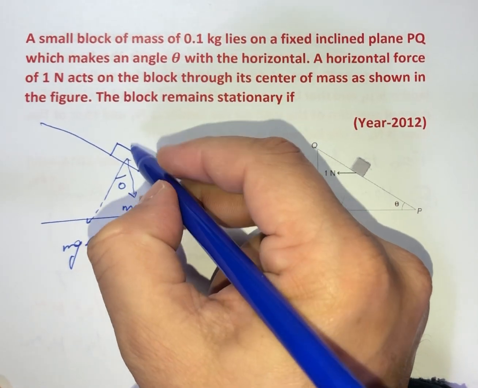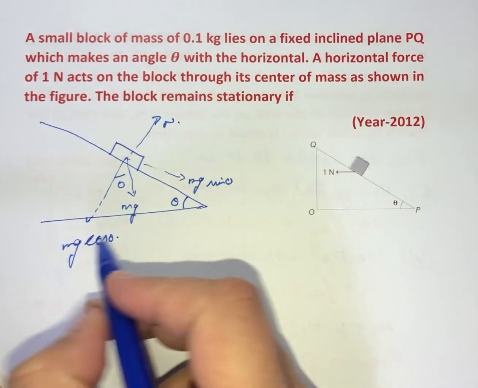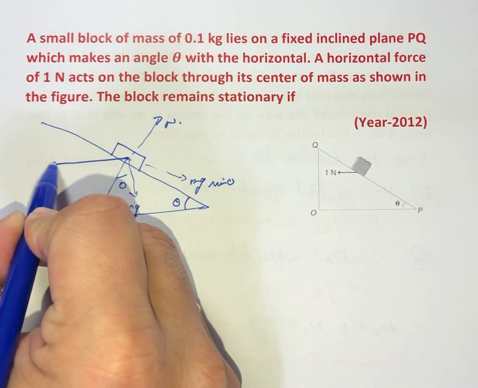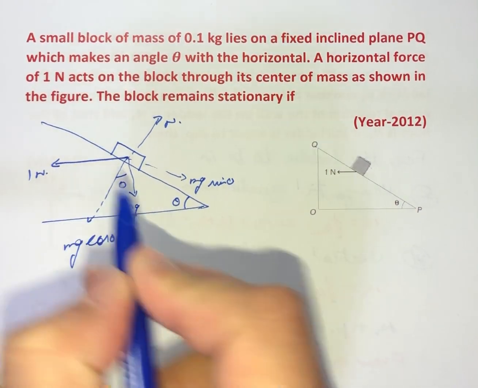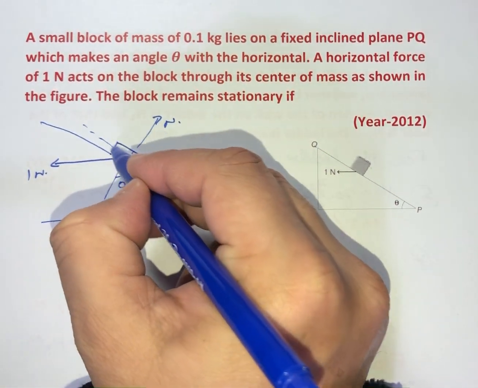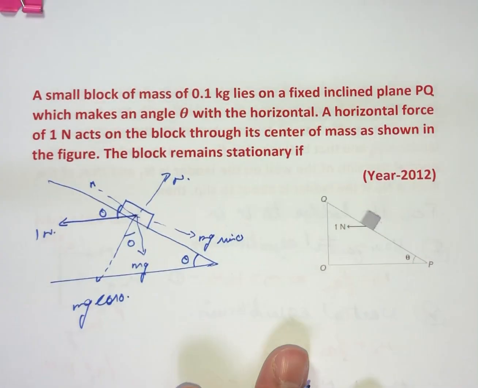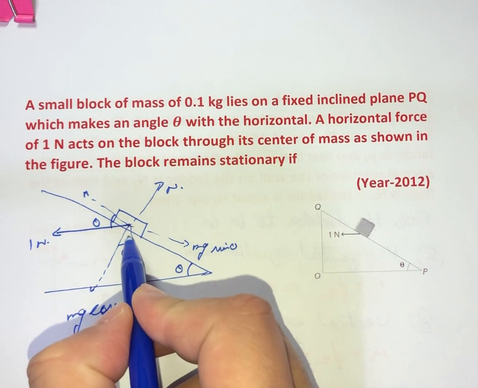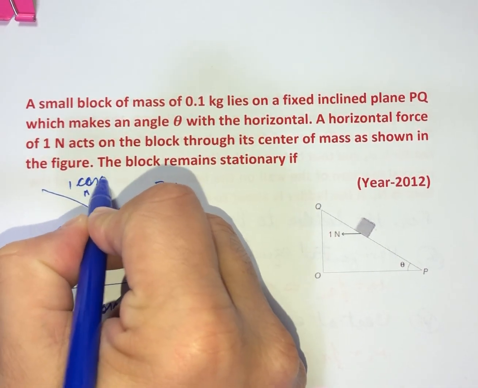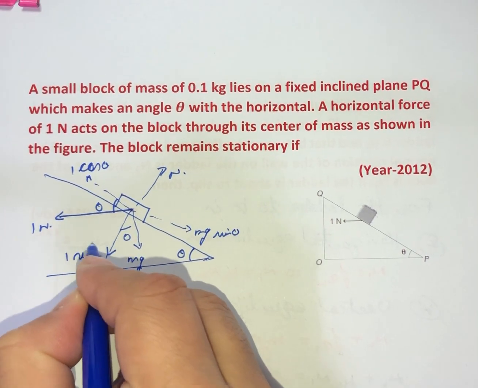and there will be a normal in the upward direction, and a horizontal force is being applied towards left, that is of 1 Newton. This horizontal force can also be divided into two components. So this angle will be theta, so this will be our 1 cos of theta, and in this direction it will be 1 sine of theta.